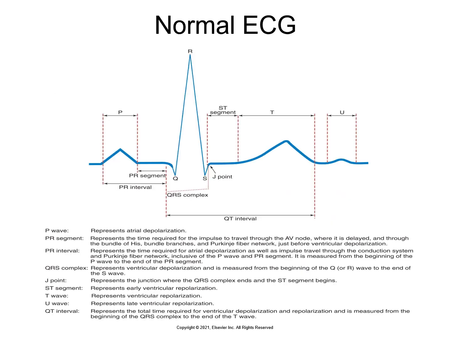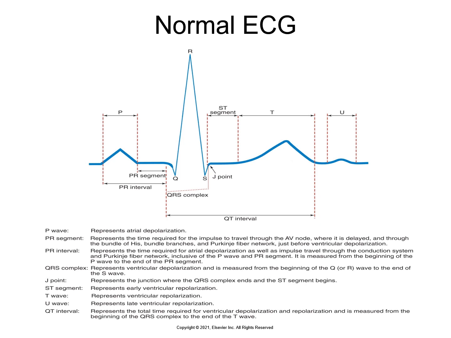Now, what does all this represent? Well, this is your normal ECG. That P wave is atrial depolarization. That's when the atrium depolarizes. The PR segment is the time that's required for that impulse to travel through the AV node, where it is delayed, and through the bundle of His, the bundle branches, and the Purkinje fiber network, just before ventricular depolarization.